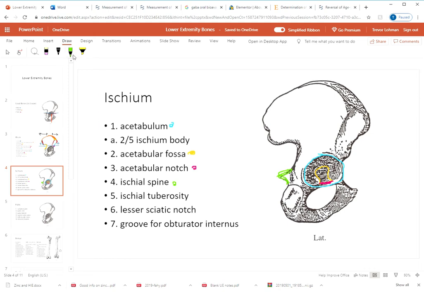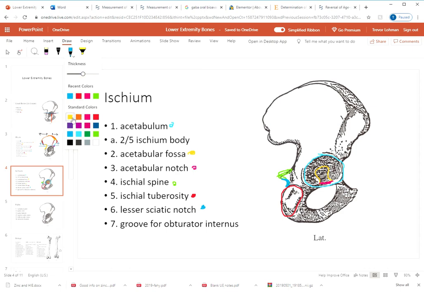And then what you are most likely sitting on right now as you listen to this is called the ischial tuberosity. And in between those last 2 structures, we have the lesser sciatic notch right there.